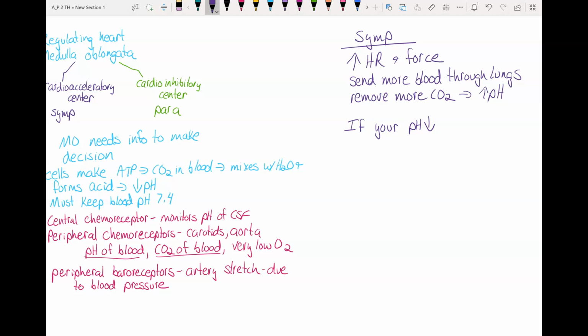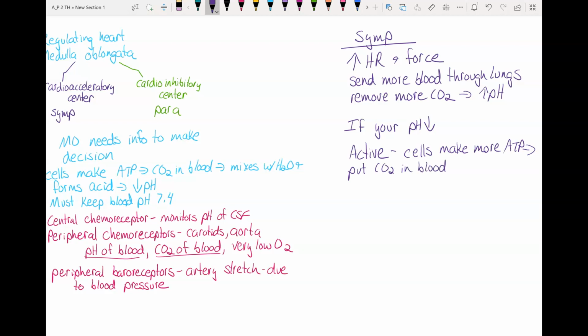So think about it. This is when you're active. If you are active, your cells are making more ATP. And if they're making more ATP, they're putting more carbon dioxide into your blood.